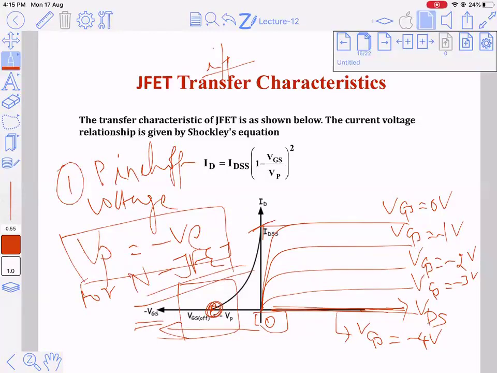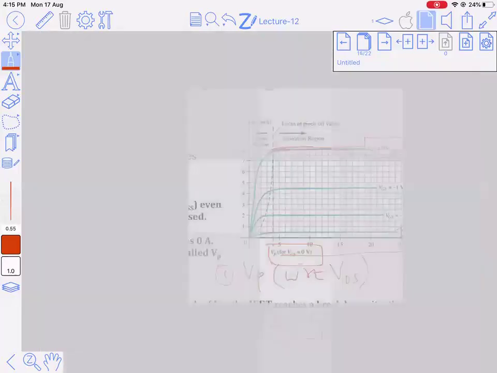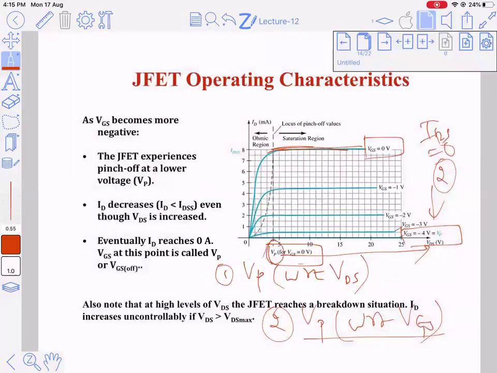Though over here we have VP as positive with respect to VDS, that is for the modulus, so you have taken it positive. But the pinch off voltage, when you define it with respect to VGS and consider the actual value, is negative. At that pinch off voltage, eventually ID reaches 0. VGS at this point is called pinch off. It is also called VGS off.